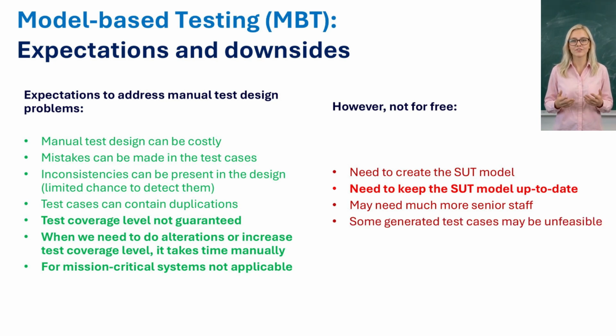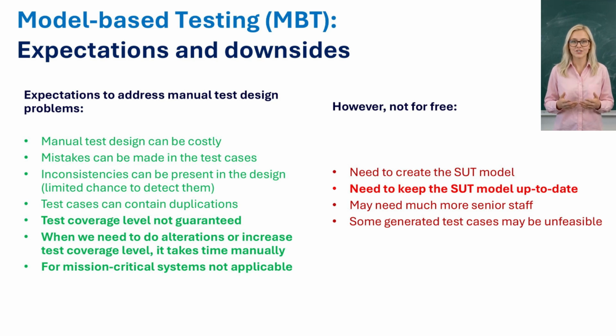Additionally, some of the generated test paths may be unfeasible in the system under test. This is because of the so-called semantic gap. The semantic gap principle is that the model is too simplified and doesn't capture all the information about the system. So, some test paths may not be accurate and they don't correspond to the actual system.